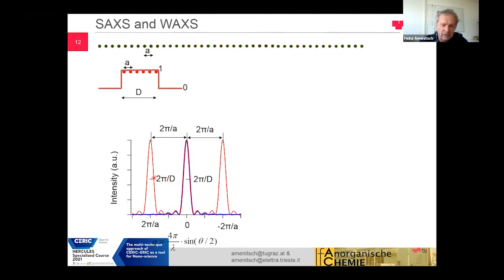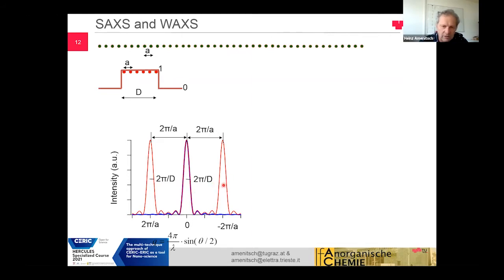You get not only the broadening of the Bragg peaks at 2 pi over A, but you also get the broadening of the forward direction, so around the zero scattering vector. This is actually the small angle X-ray scattering signal, and this would be the wide angle X-ray scattering signal.